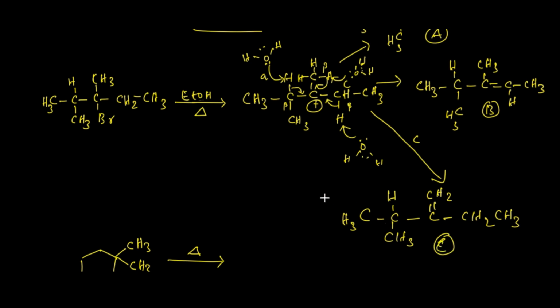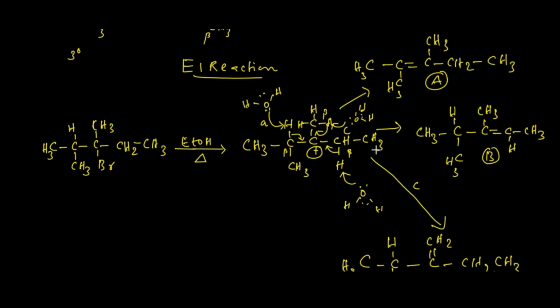Now the product distribution will be varied. Please listen carefully. Whenever we get the highly substituted alkene, this product is called the Zaitsev product. So this will always be the major one.